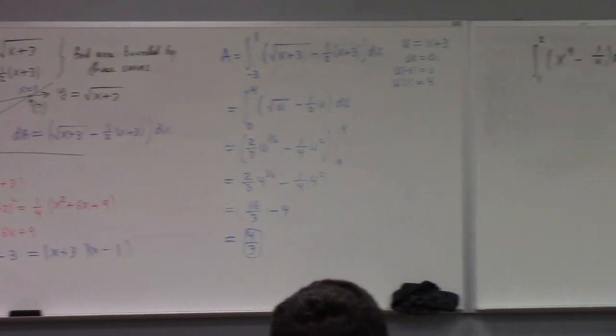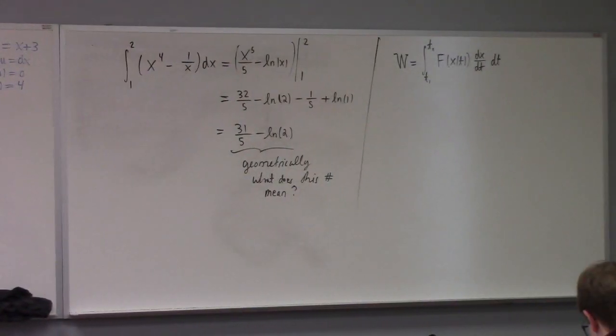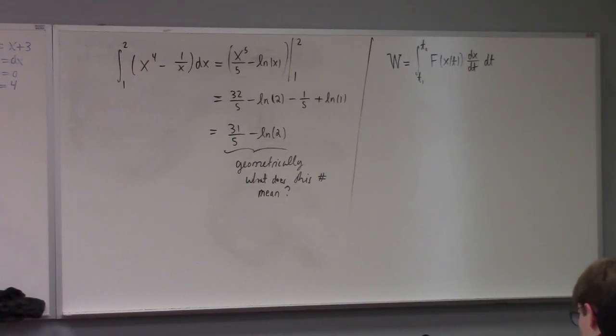The one is just to say, well, that's the area under the curve y equals x to the fourth minus 1 over x from what? From 1 to 2, right? That's one answer that's possible here.